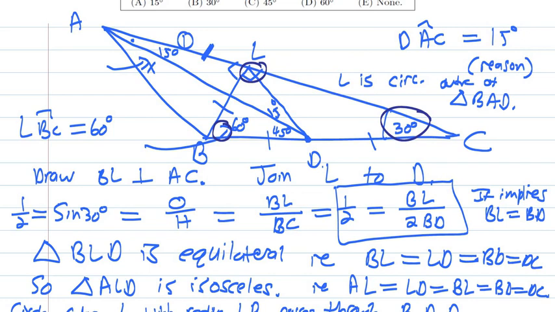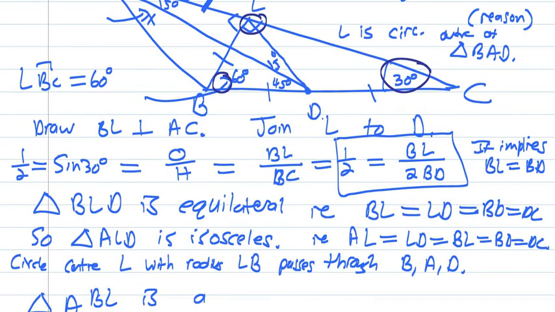Triangle ABL. I'm looking for the correct adjectives. If you don't know what adjectives are, quickly Google it. Yes, Chatterjee, you are spot on. Do you guys see? One angle is 90. The two sides are equal. So ABL is an isosceles triangle.